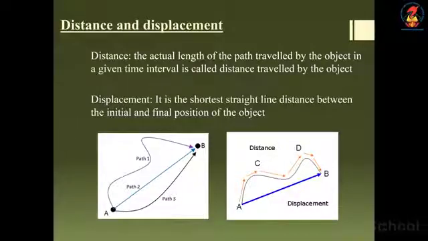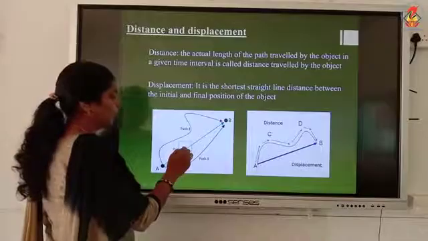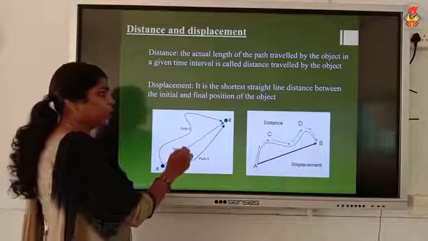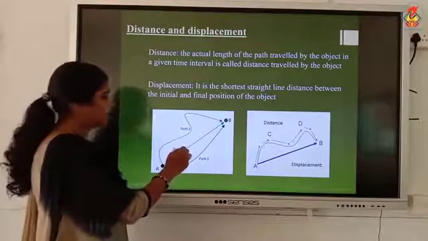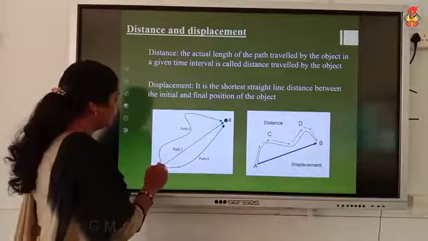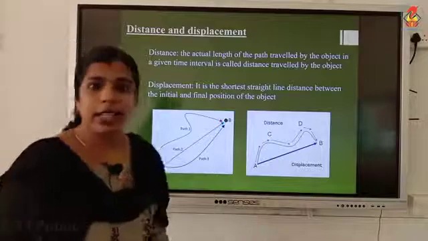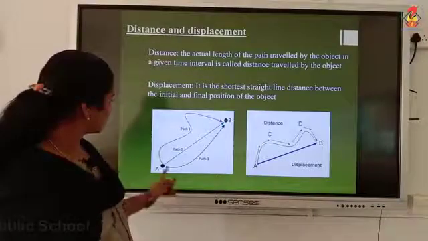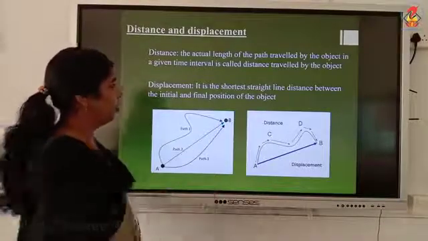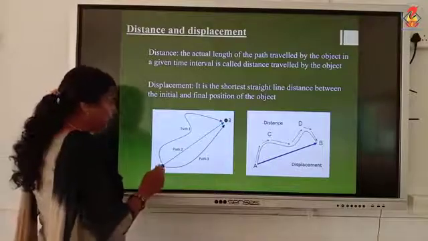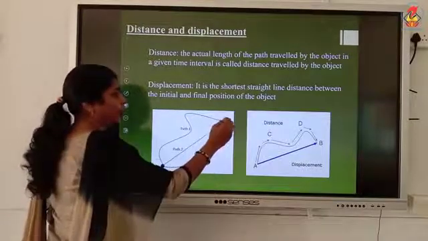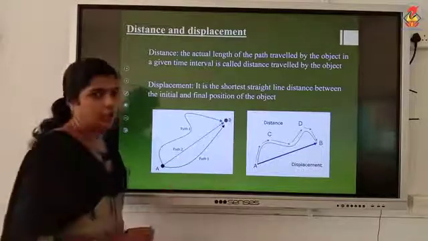This blue line represents the displacement, that is the shortest distance between A and B, or the straight line distance between the initial point and final point, or initial position and final position of the object.